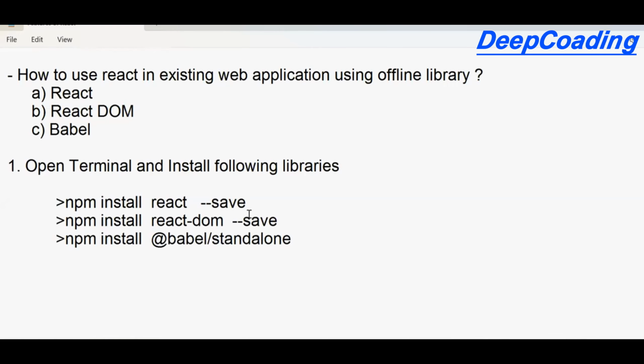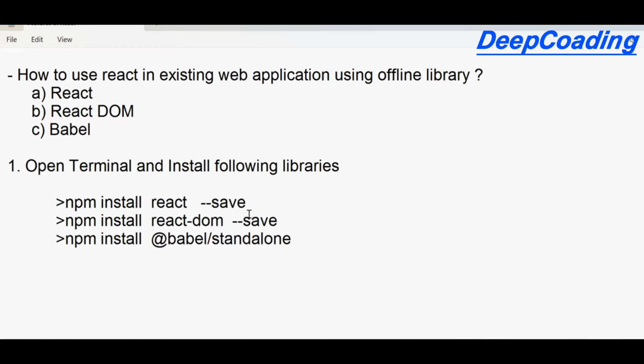Remember, you can use React in any application. You are developing in JSP, Java, .NET, ASP.NET, PHP, Python, Django, anywhere in the front end you want to use React, then it's not necessary to create a React application. You can simply use React in any page. In one page also React can work, right?